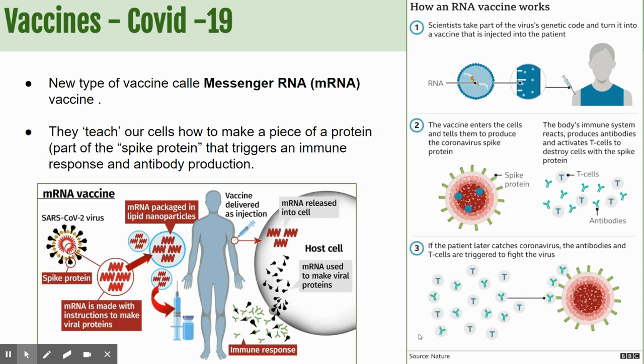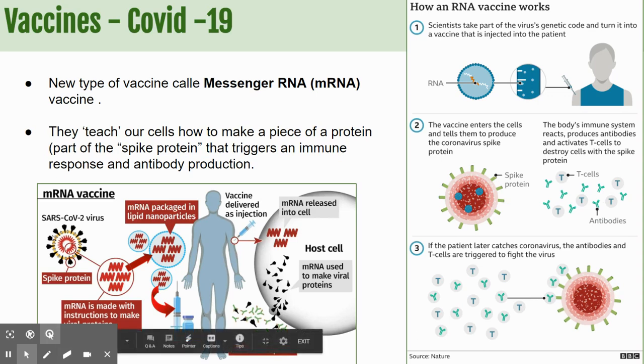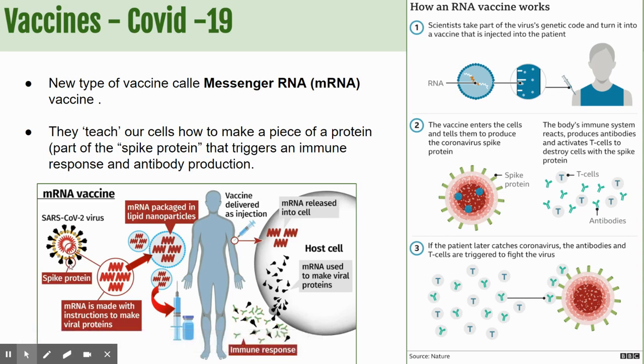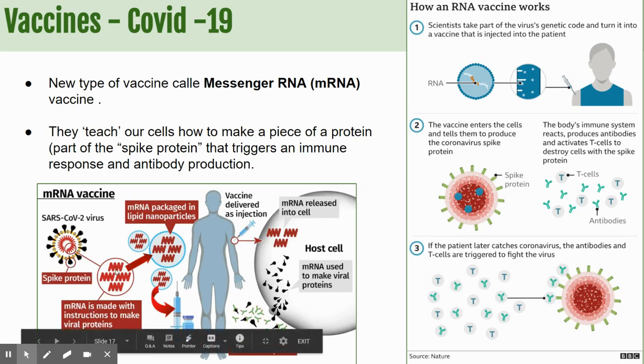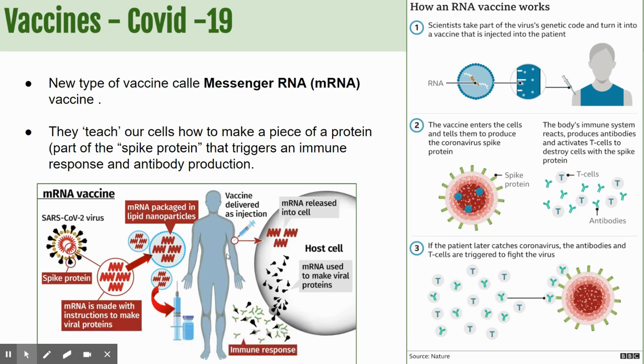So they take a bit of the messenger RNA code that in that virus would normally code for the spike protein on the surface here. So they take the instructions, or the mRNA instructions, to make that code, and they inject that as the vaccine.